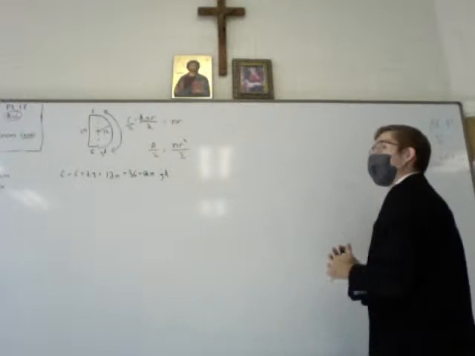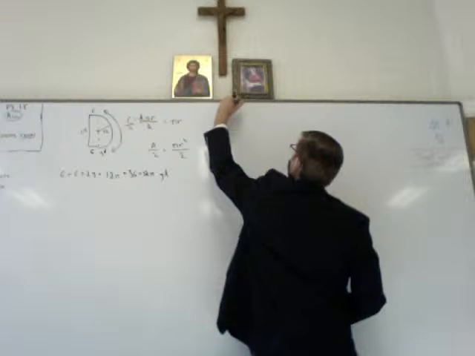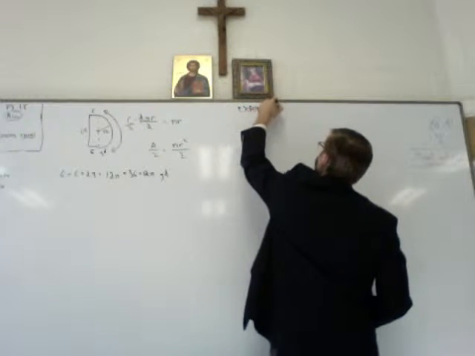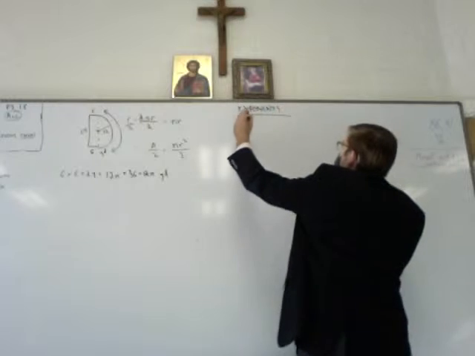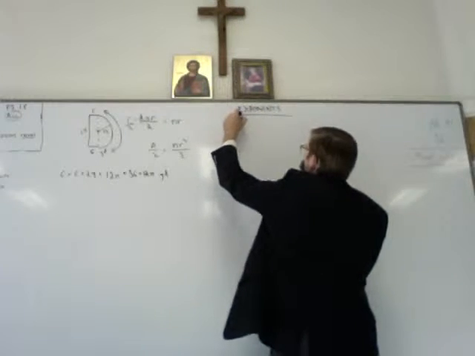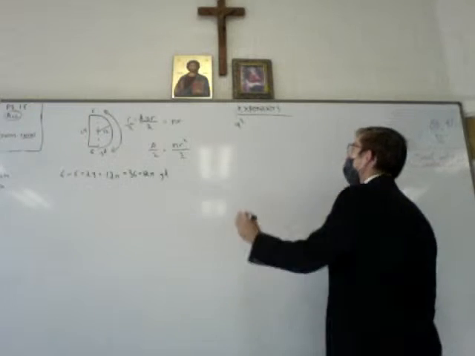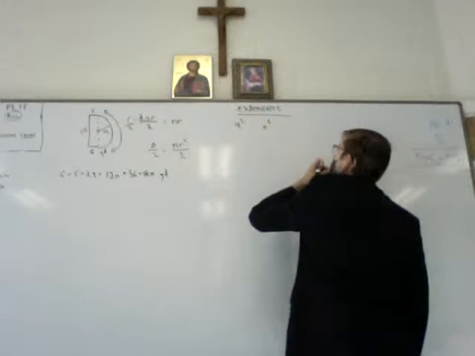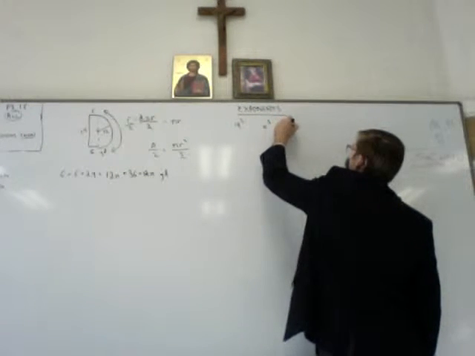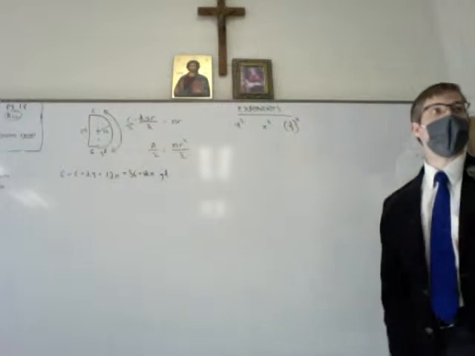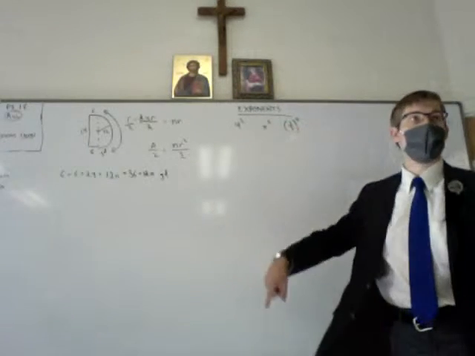Exponents will be written above and to the right, like this: 4, but then a little 2 up and to the right, 4 squared. X cubed. 1/3 to the 4th. These are exponents, these little numbers up here.